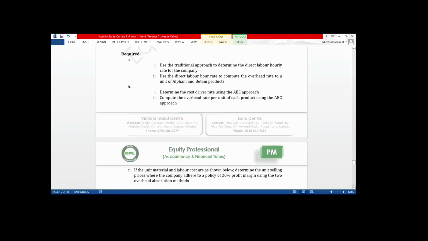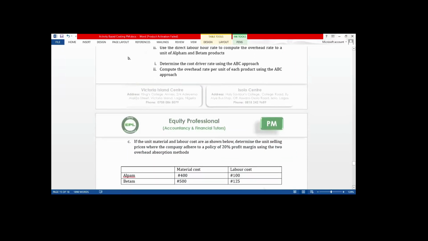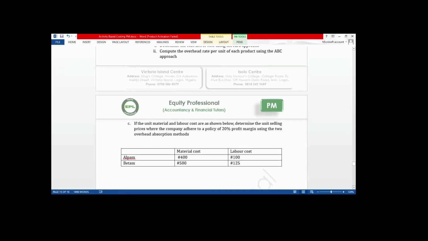Then examiner now added C. Examiner says, if the unit material and labor costs are as shown below, determine the unit selling prices where the company has adopted a policy of 20% profit margin using the 2 overhead absorption methods.